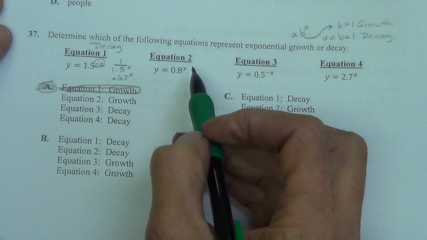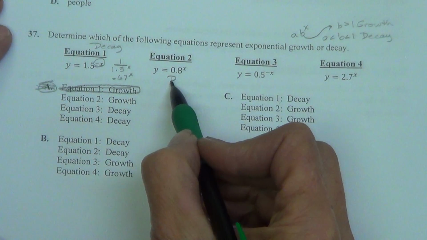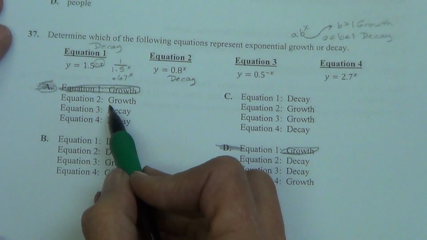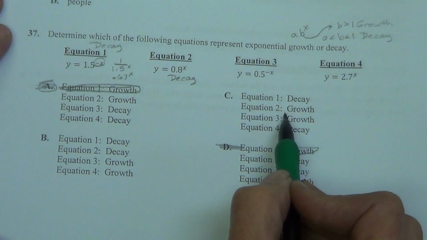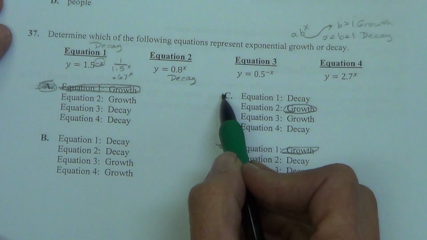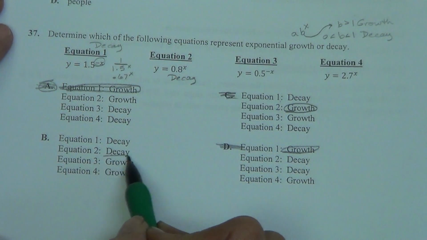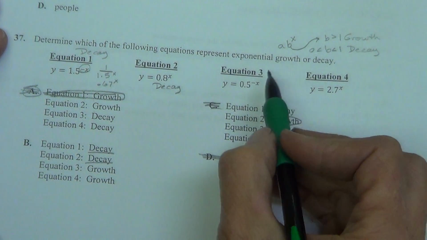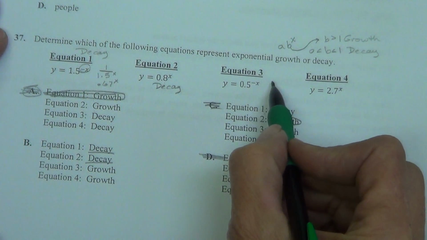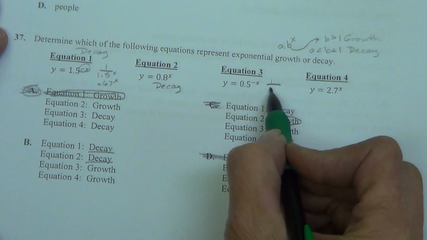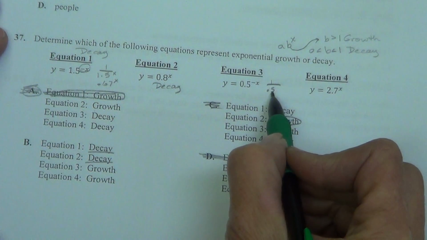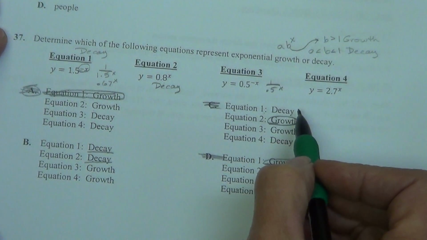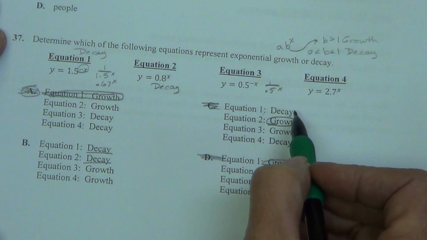Okay, this one, at 0.8 is decay. Smaller than 1. This says number 2 is growth, so that means that one's out. This is decay. These are right. Now let's just double check to make sure that these are correct. This is a negative exponent, so we need to flip it to the other side to make it a positive exponent, 0.5 to the x. Well, this is a complex fraction.